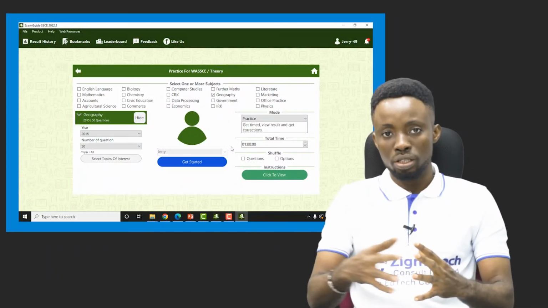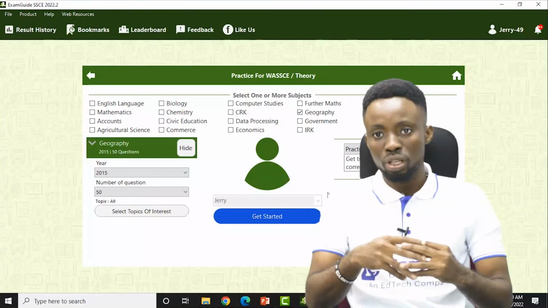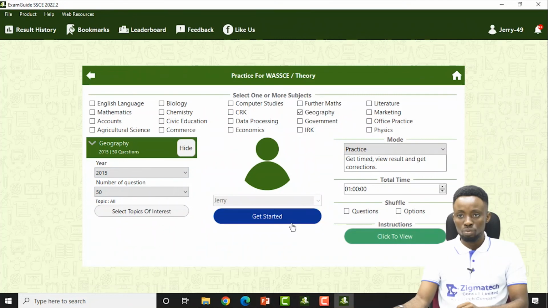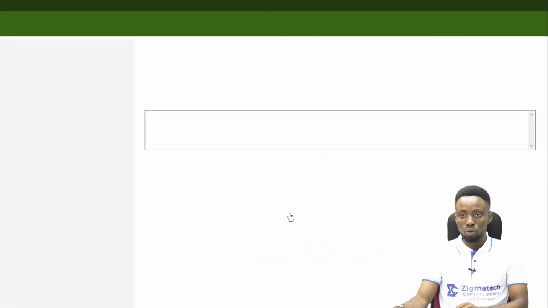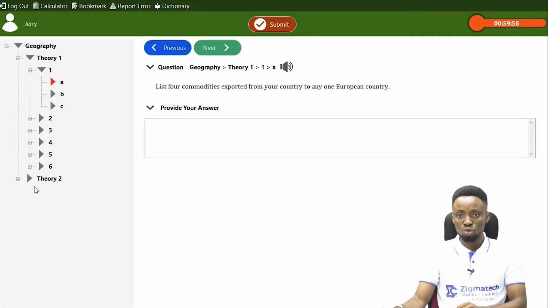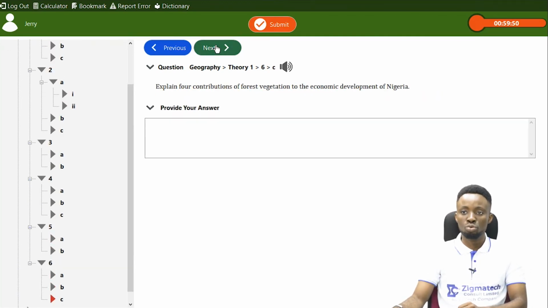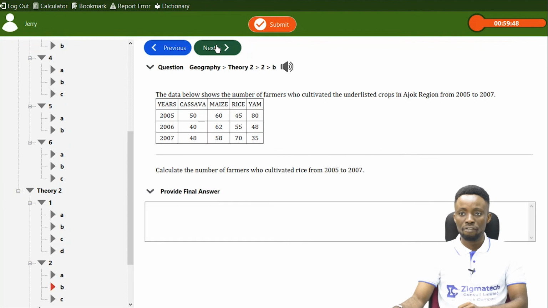So let's look at some questions on mountains from the Examguide SSCE app. So we go to 2015 SSCE, and we look at theory 2. Let's head right to theory 2, and we take number 5.